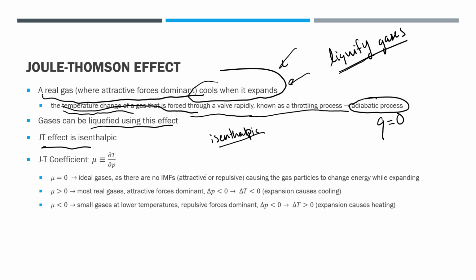That's what this Joule-Thomson coefficient does for us, right? So this is going to formalize this idea of cooling when we expand. And we define this as mu. We define this Joule-Thomson coefficient as the change in temperature with the change in pressure. So dT dP, right? How does the temperature change as pressure changes?